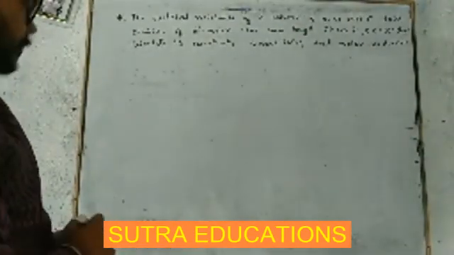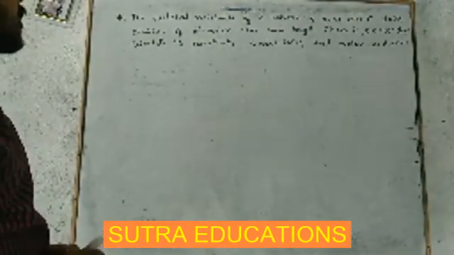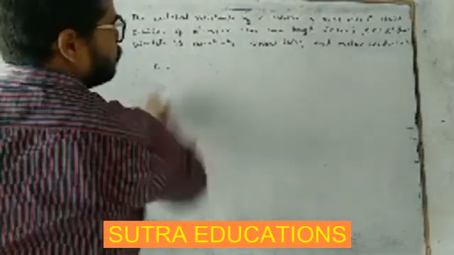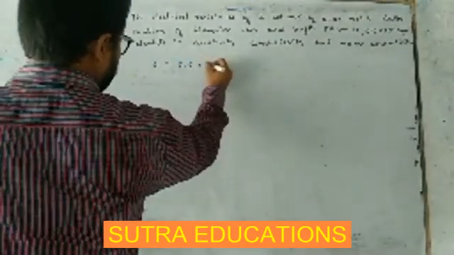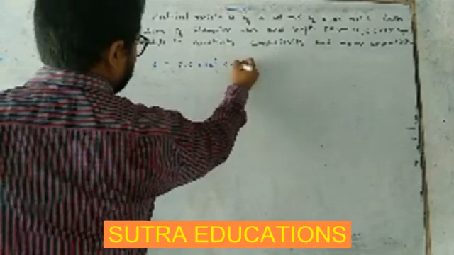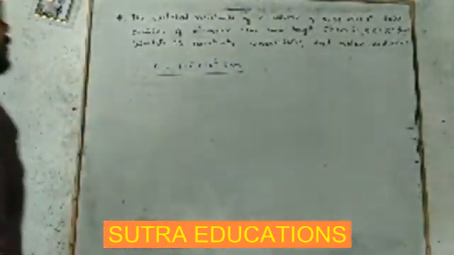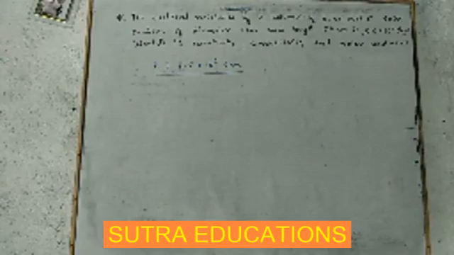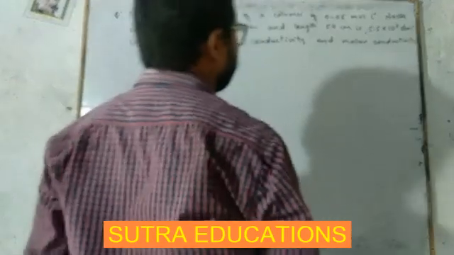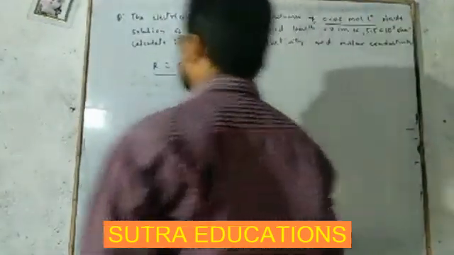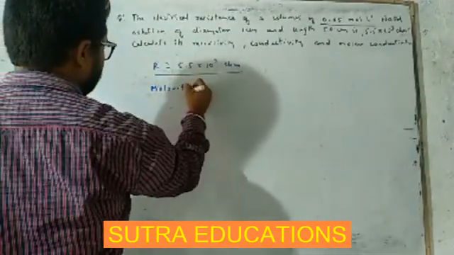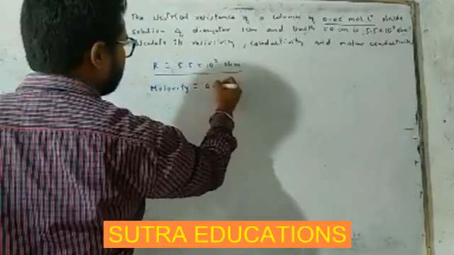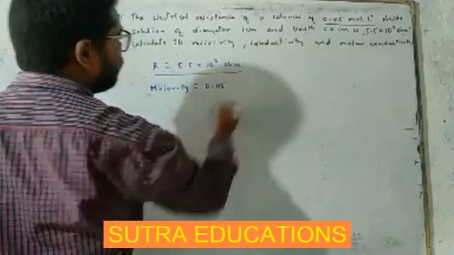Okay. The electrical resistance is given here: R is equal to 5.5 into 10 to the power 3 ohm. Molarity is given here, so molarity is 0.05 mole.